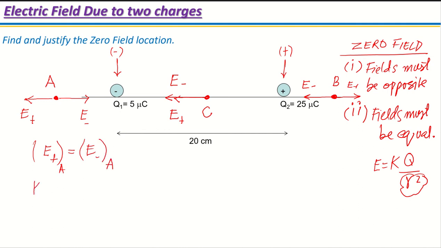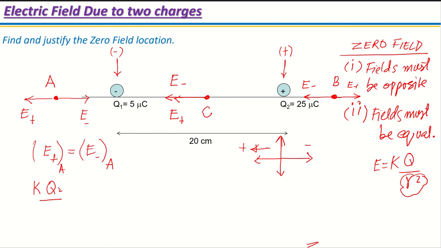So you can write k Q2 divided by the distance, since E plus is due to Q2. What I'm doing is I consider the position of Q2 as 0, and the left side I take positive, the right side negative.